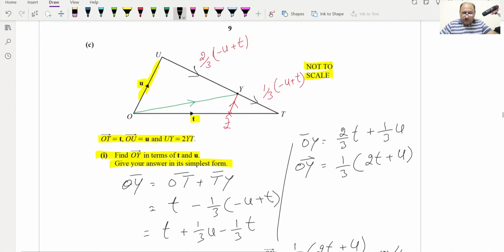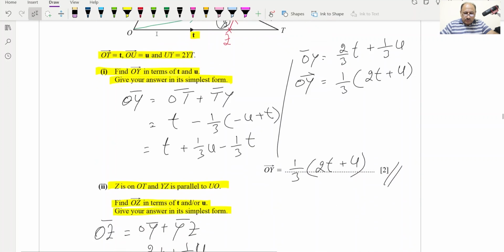YZ will be 1 by 3 u, because this is a ratio of 3 to 1, so this will also be u by 3, using the same ratio.